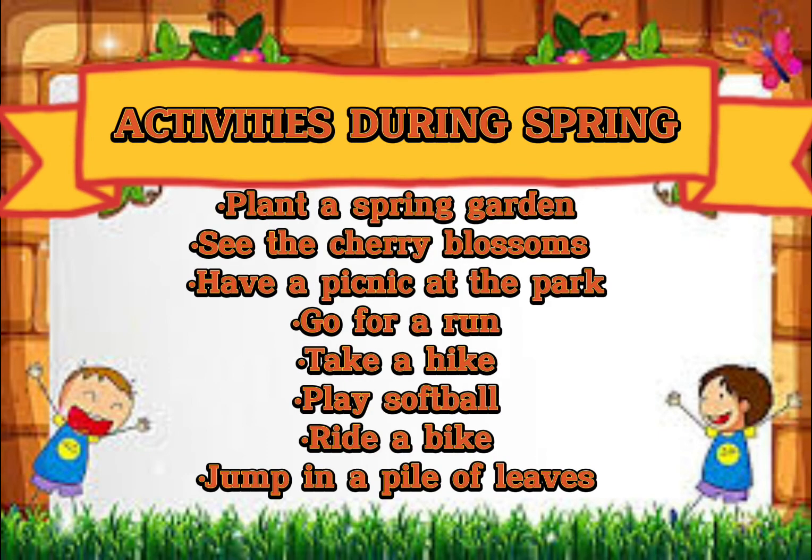Here are some activities that you can do during spring: plant a spring garden, see the cherry blossoms, have a picnic at the park, go for a run, take a hike, play softball, and ride a bike.